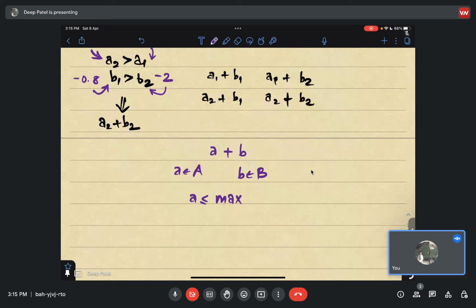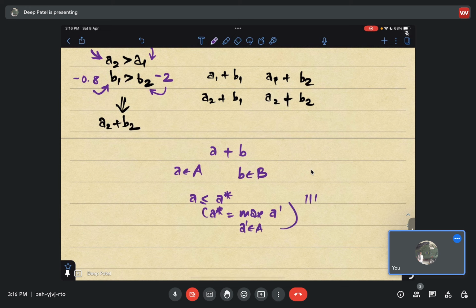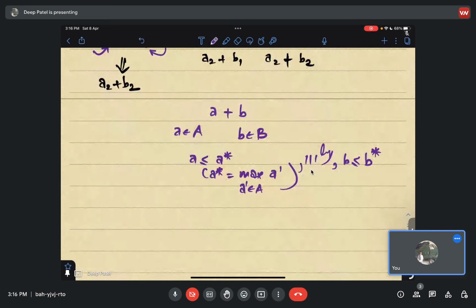Let me just call it A star, where A star equals max of A prime. Similarly B. So this is just by definition, right? Yeah, it's just by definition.